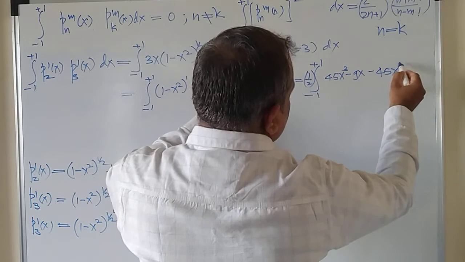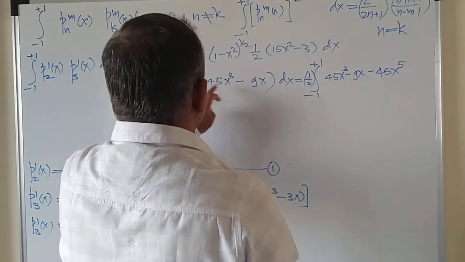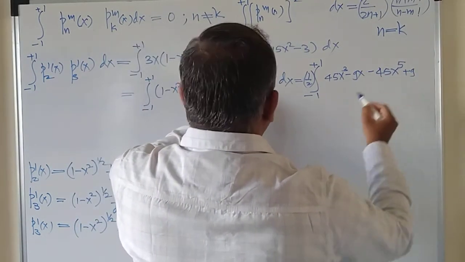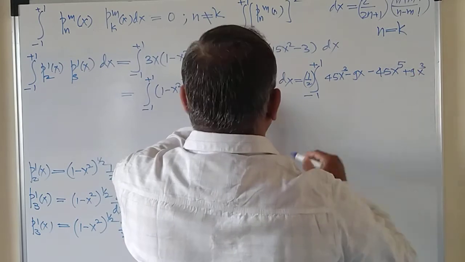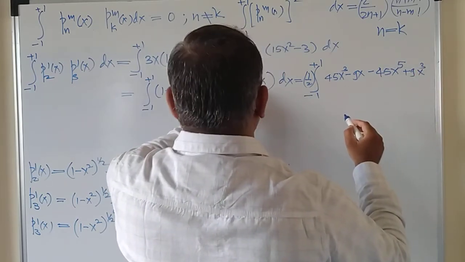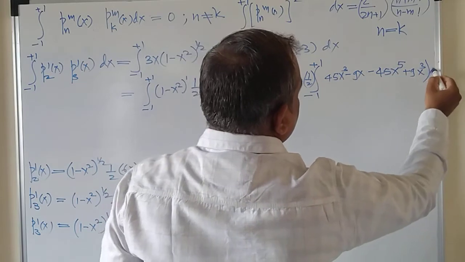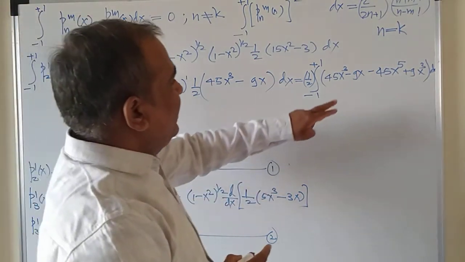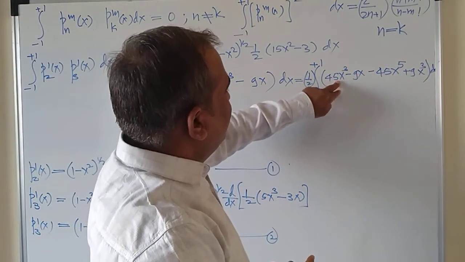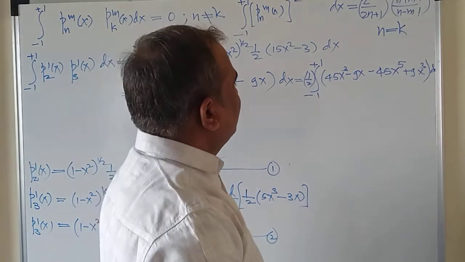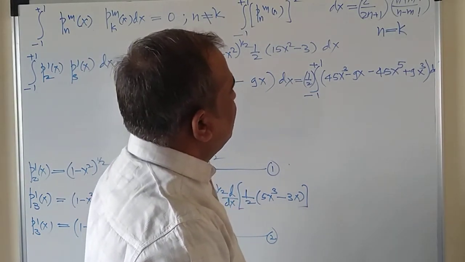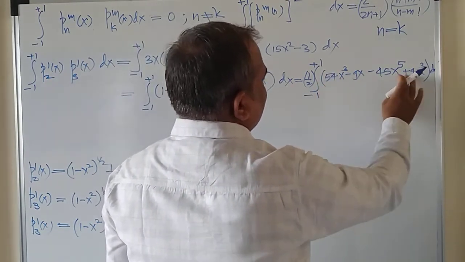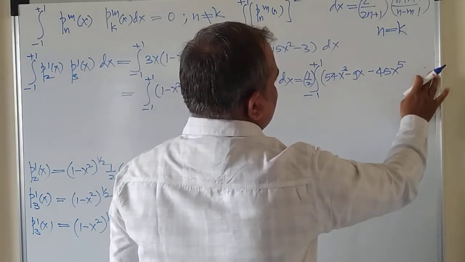This minus and this minus will become plus, so plus 9 x cube, right, into dx. Before taking the integral you can add this 45 x cube and 9 x cube. 45 plus 9 x cube is how much? 54. So 54 x cube.